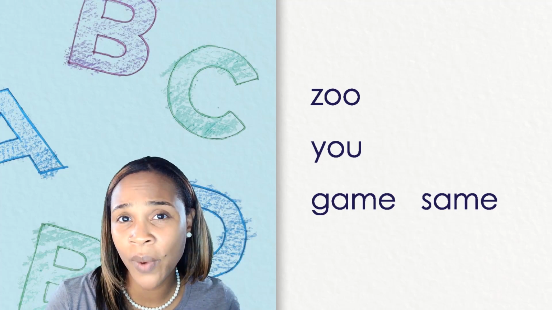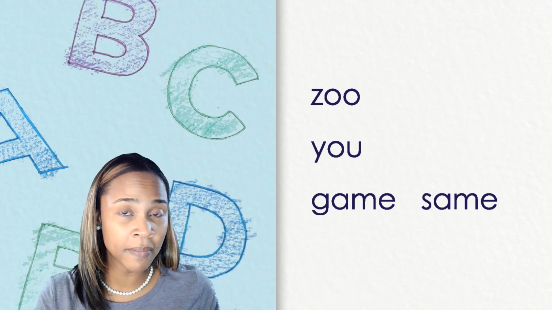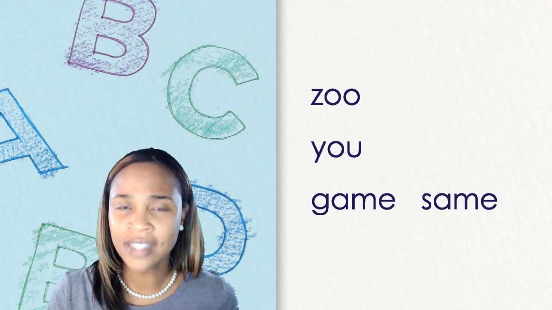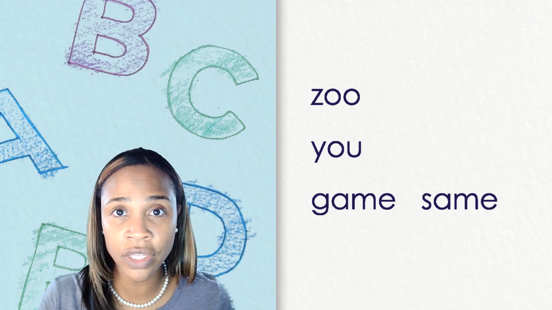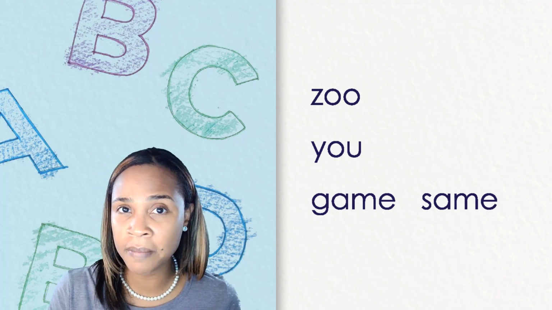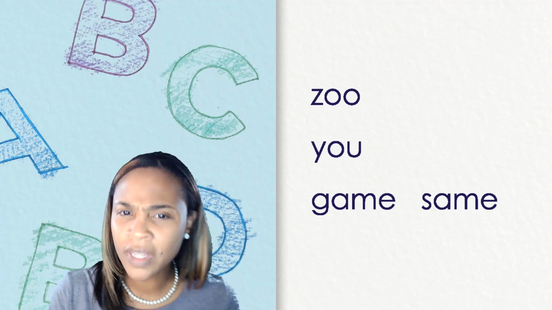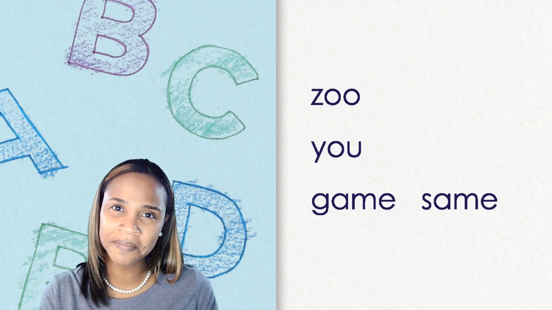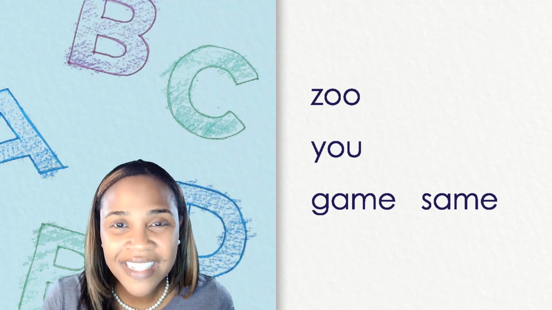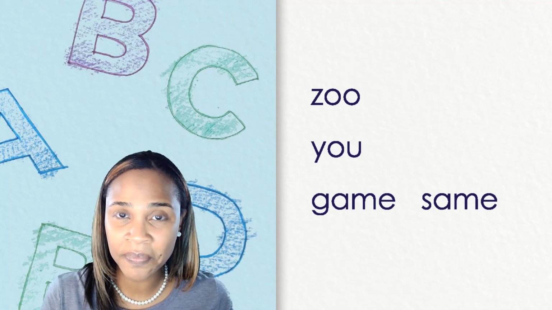I'm going to read the words that I left out of the poem, and I want you to notice something about them. Zoo, you, game, same. What do you notice about these words? Right, they sound the same.